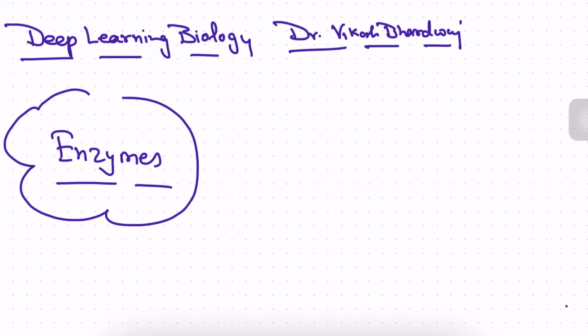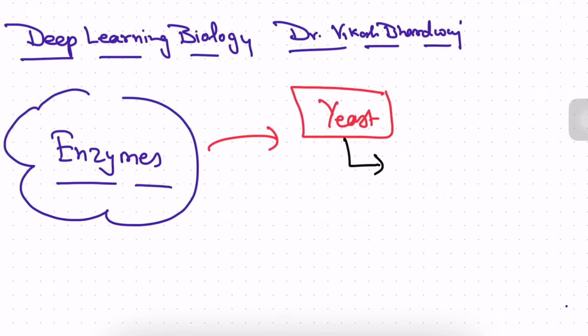Now here I just want to tell you, if you look into the history, earlier the enzymes were being isolated from yeast. Hopefully you must know that yeast is widely used for the production of ethanol.